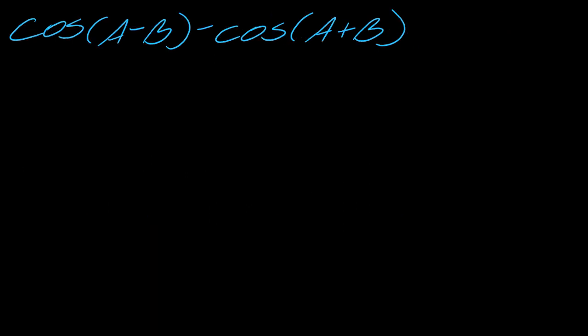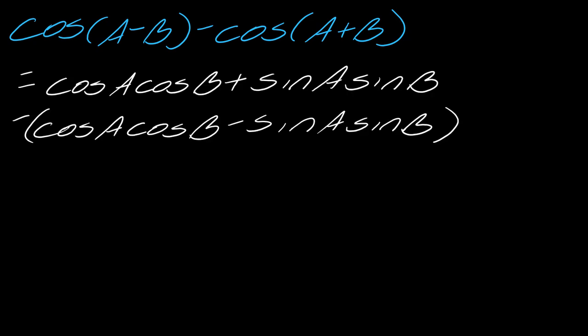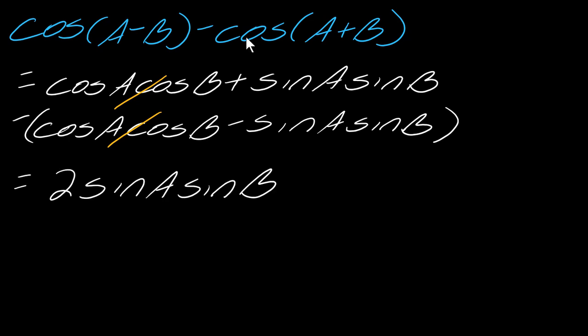Okay, so what about if I were to subtract these? So now if I just go through and straight up subtract these two identities. Here I am doing my subtraction, and now you'll notice that the cosines drop out, and then I have this negative and this negative, so this becomes a positive. So I get 2 sine A sine B. Very similar logic here.